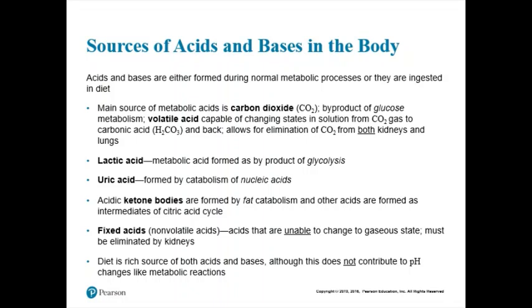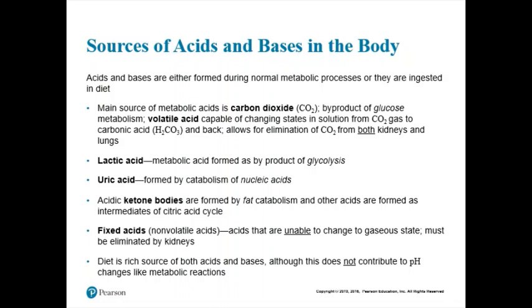But it's not the only one. You also have lactic acid, which you get from glycolysis or anaerobic respiration. Remember, glycolysis, aka anaerobic respiration, is you breaking down glucose for energy without oxygen. And it turns out you're going to get byproducts like lactic acid. Or when you break down nucleic acid, you could get byproducts like uric acid.